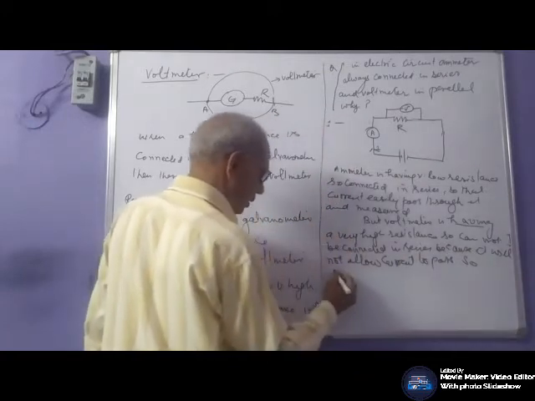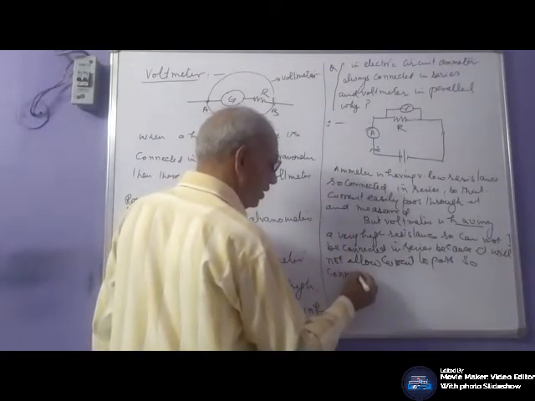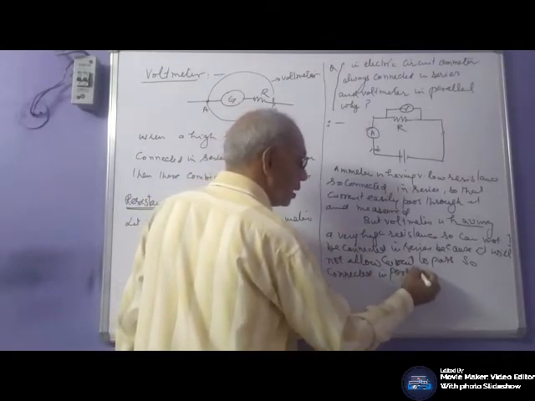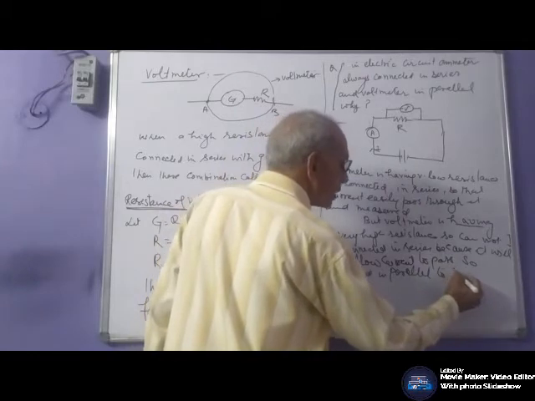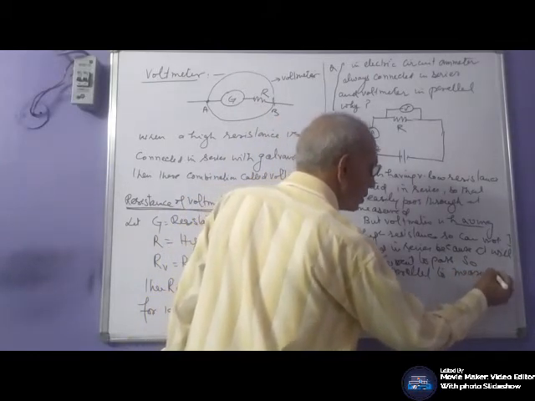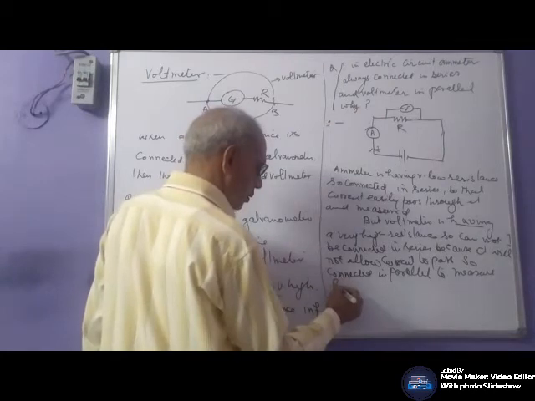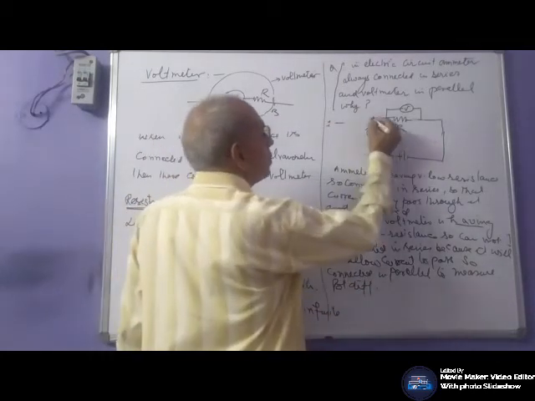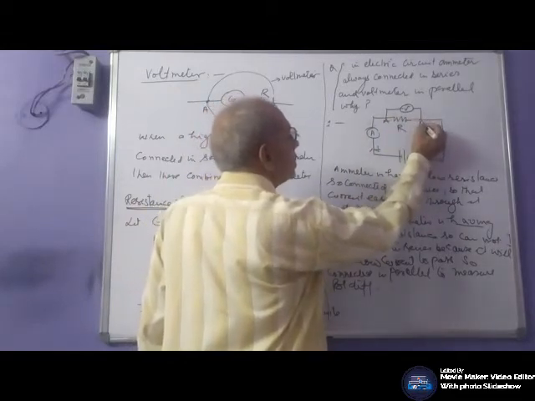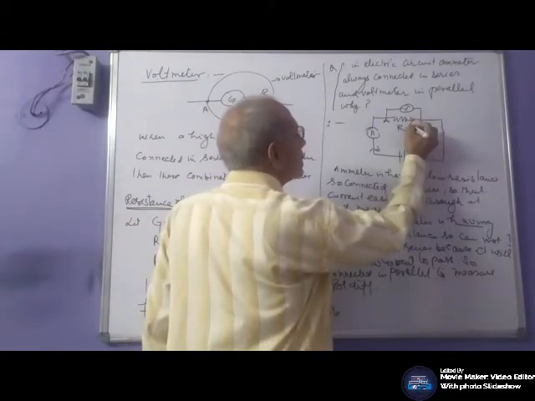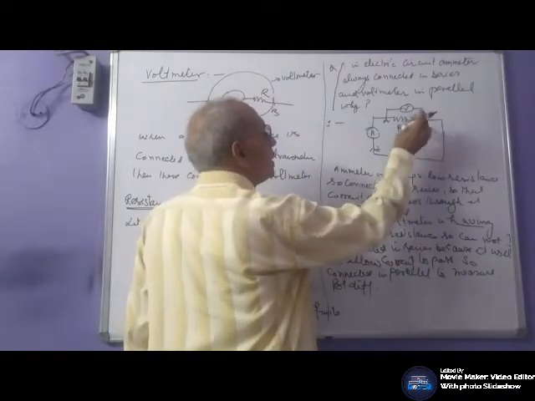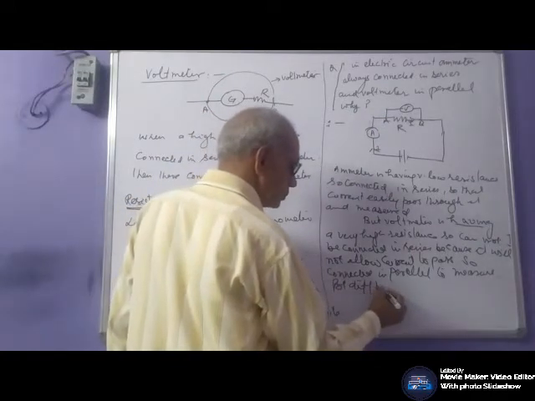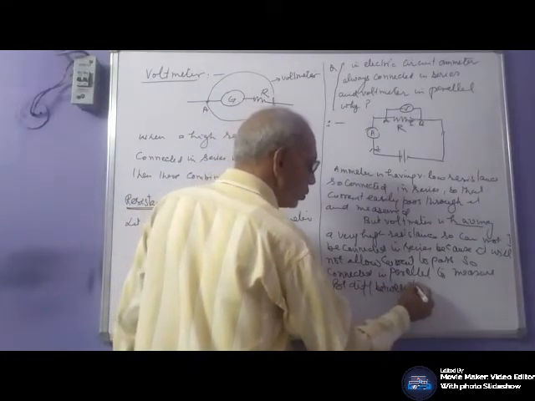So it is connected in parallel to measure potential difference. The current passes here, and this voltmeter measures the potential difference between two points.